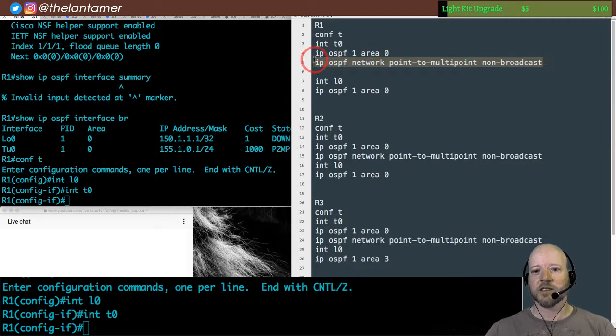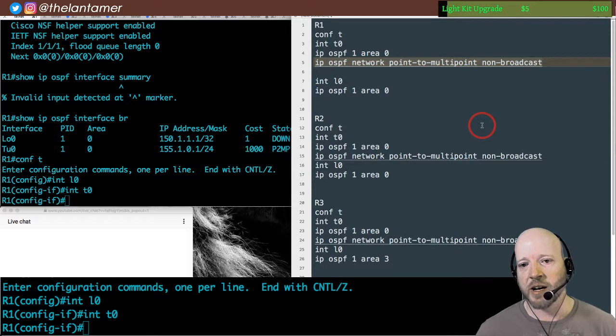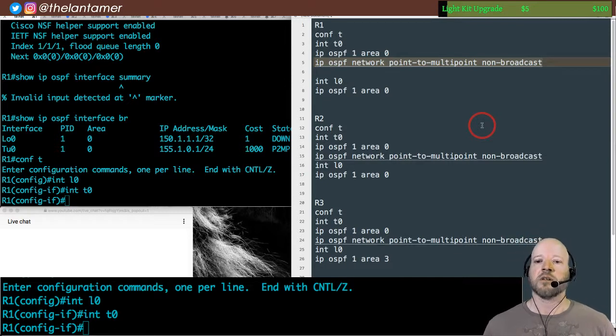I guess the point to multipoint is probably applicable in frame relay because you have to map. You're going to have virtual circuits, and each virtual circuit will act like a point-to-point link. And that's why you need a neighbor statement.